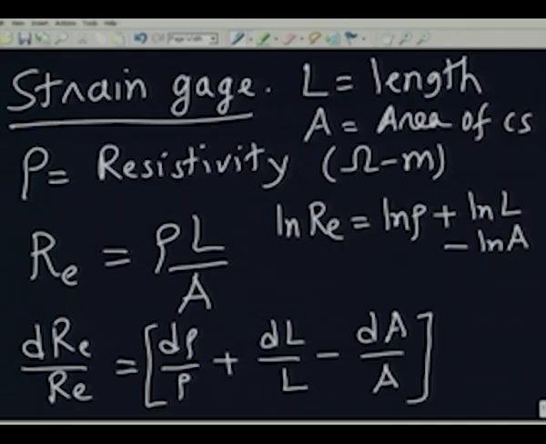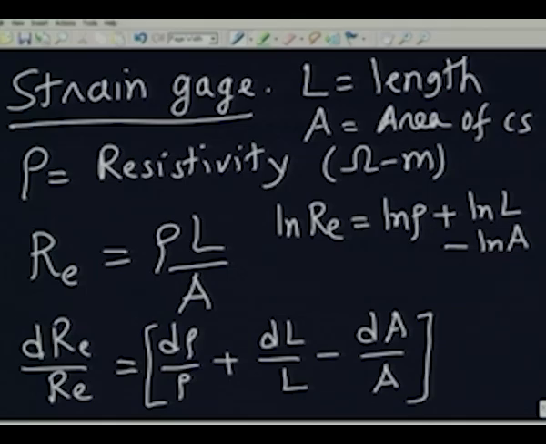Therefore, the left hand side is a change in the resistance with respect to original resistance, equal to change in the resistivity, which may be due to either pressure or temperature, because pressure and temperature also have an effect on the resistivity of the material, and we will come to that in a few minutes from now, plus the change in the length with respect to its own length, dL by L, minus the change in the area divided by the original area. So, we have 3 terms contributing to the change in the resistance.